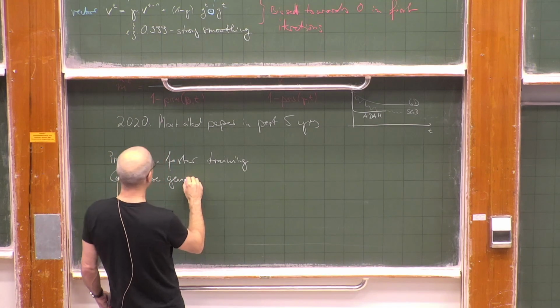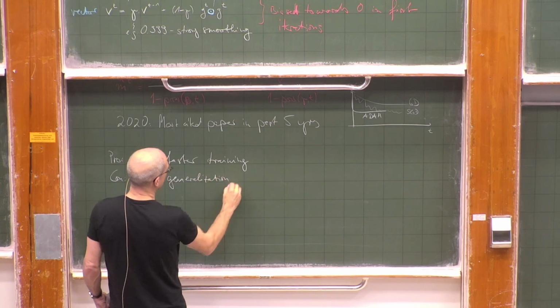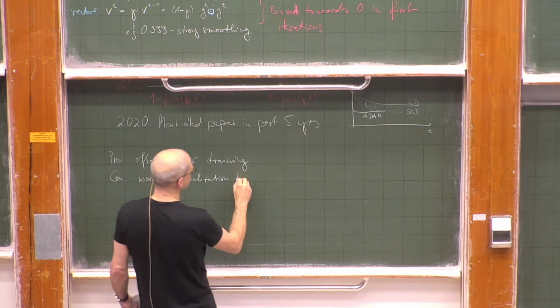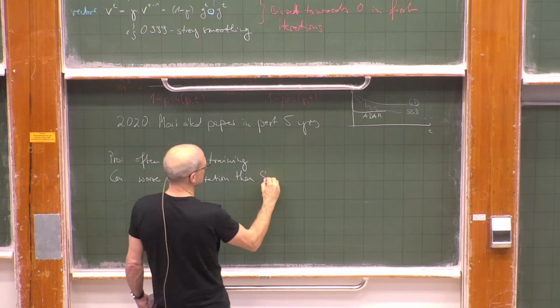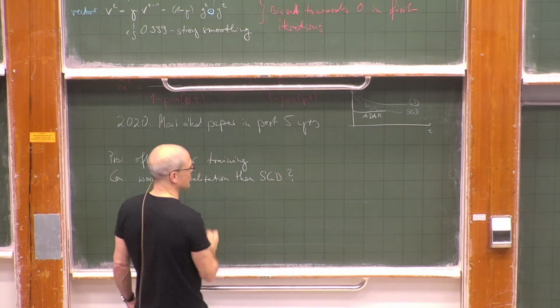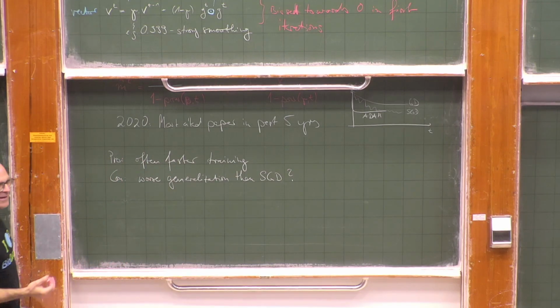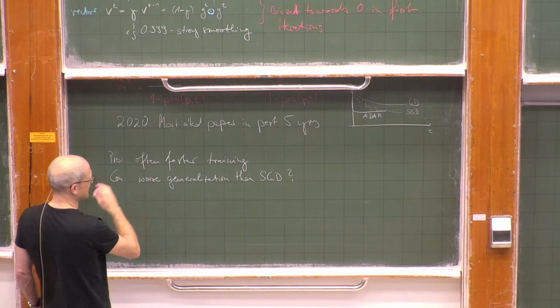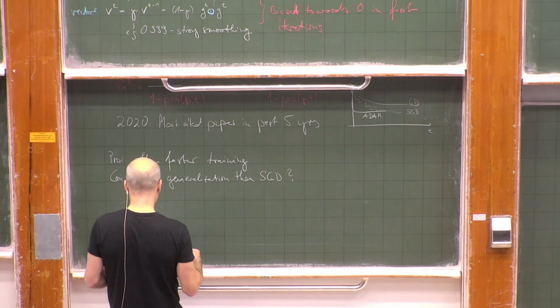There has been a discussion whether the minima found offer worse generalization than those from SGD, stochastic gradient descent. And then there have been papers claiming this, and then there have been papers refuting the claim. And I forgot what's the latest on this, but there is this discussion.